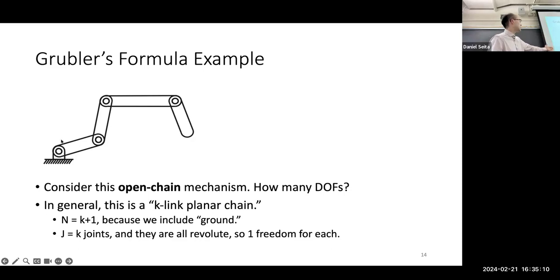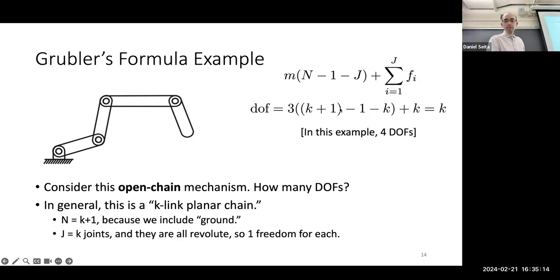And then there's K joints. They're all revolute, so there's 1 freedom for each. And if you do the math, you get 3K plus 1 minus 1, and then the entire thing goes away, and you get K, which is the number of joints K. So you get K degrees of freedom.